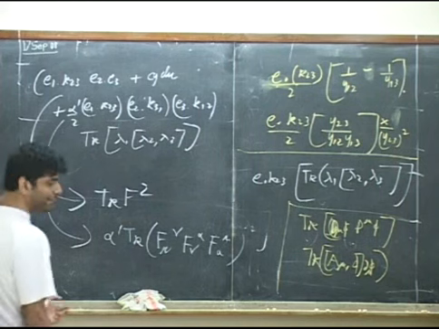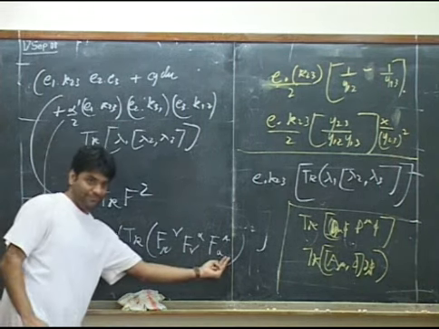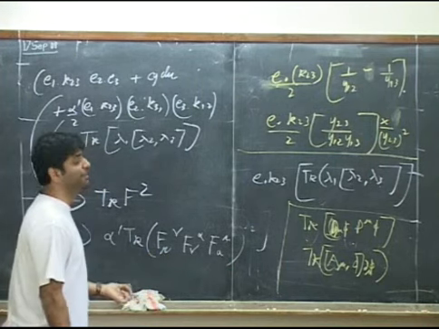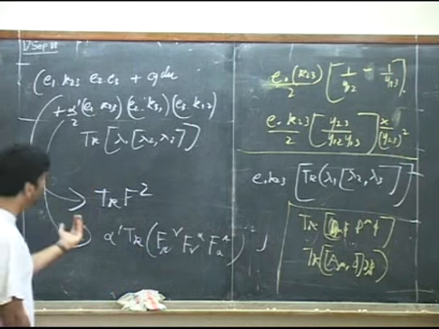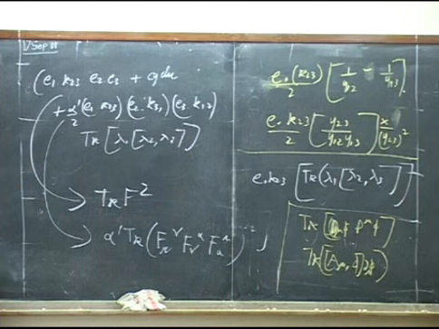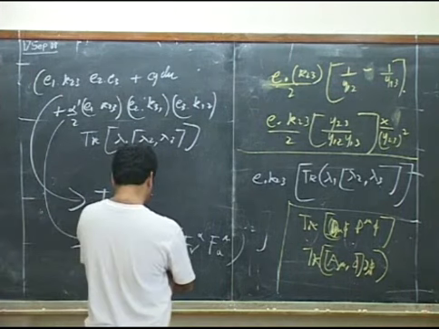So we'll keep the linear pieces from all three F's, and that will give us basically this. Why is that? Let's see.